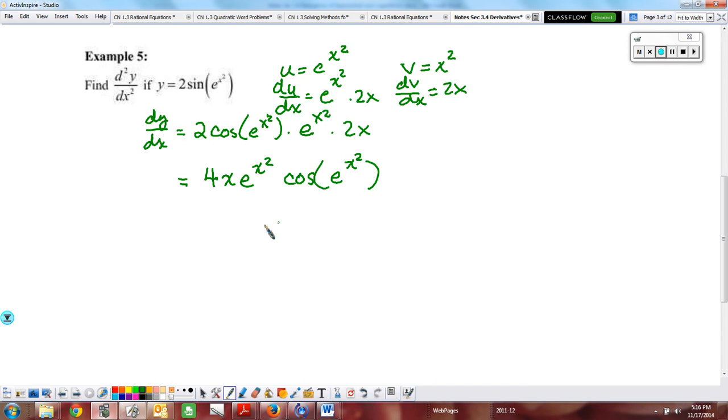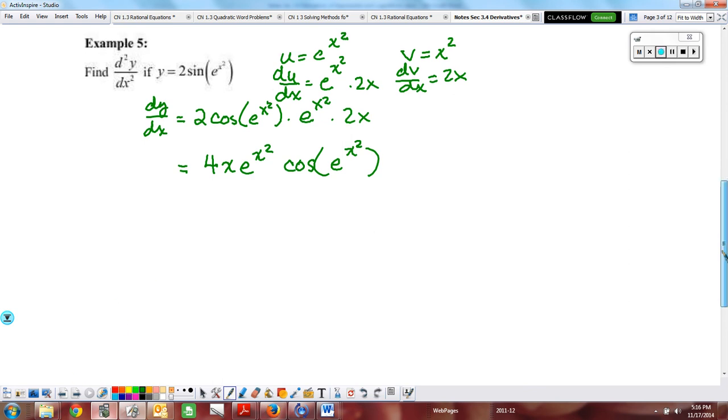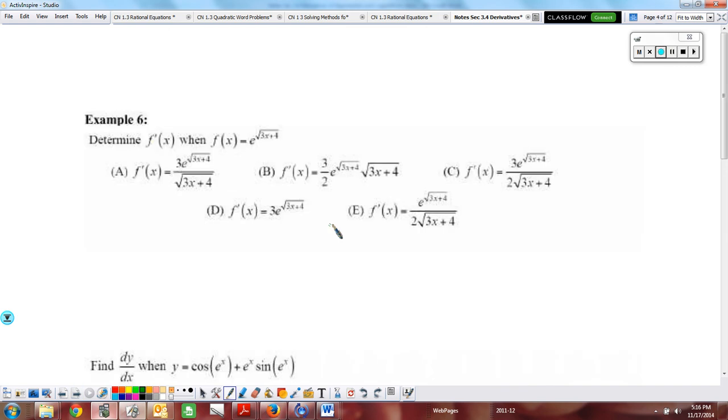All right? So finding derivatives, make sure you work, notice it's 2. Derivative of sine, cosine of u. Derivative of u is e to the x squared, and then the derivative of v, x squared, is 2x. Kind of work your way in. All right? Let's take a look at the next page.